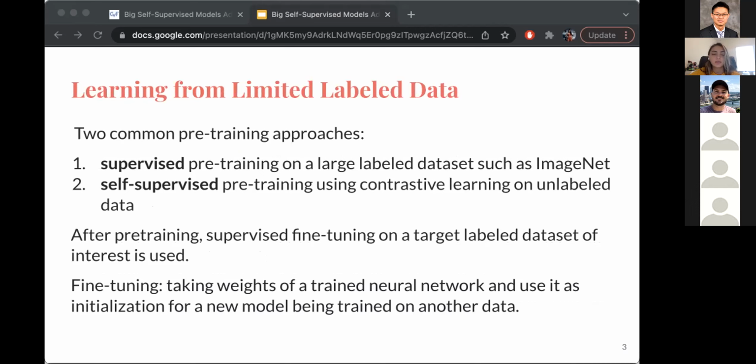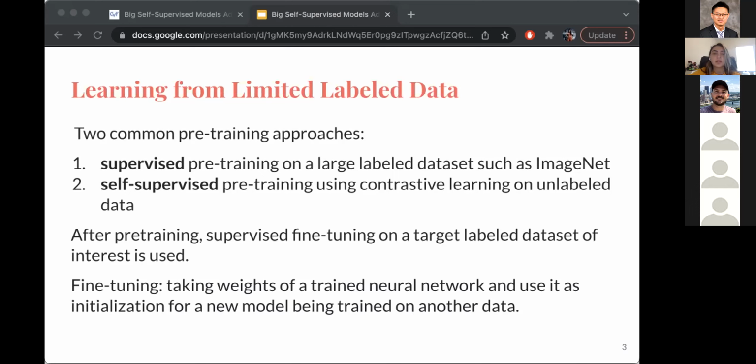So self-supervised pre-training using contrastive learning on the unlabeled data is more attractive because it enables the use of unlabeled domain specific images, and we are able to learn more relevant representations.